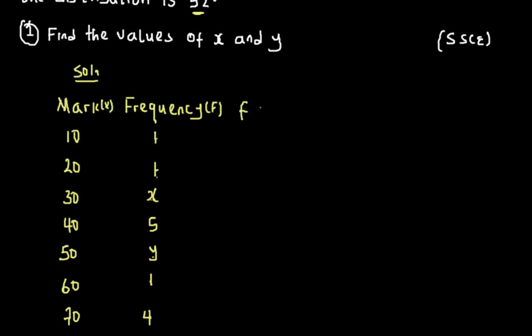So to find fx, we are going to be saying 10 times 1, 10. 20 times 1, 20. 30 times x, 30x. 40 times 5, 5 times 0 is 0, 5 times 4 is 20, so we have 200. 50 times y is 50y. 60 times 1 is 60. 70 times 4, 4 times 0 is 0, 4 times 7 is 28, so we have 280.